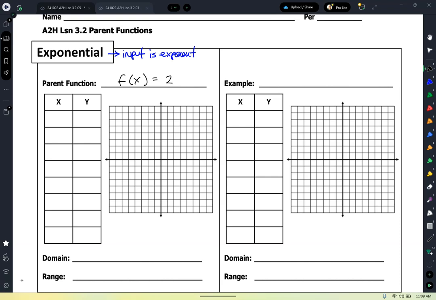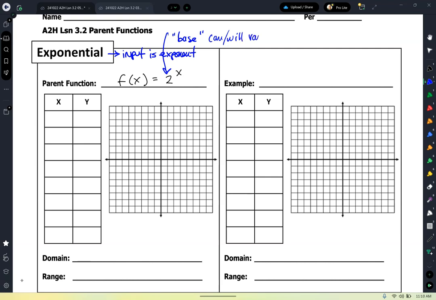This one's kind of funky because of this right here. Whoops, I drew my arrow to the wrong place. Hang on, sorry. Okay, here we go. This is called the base.